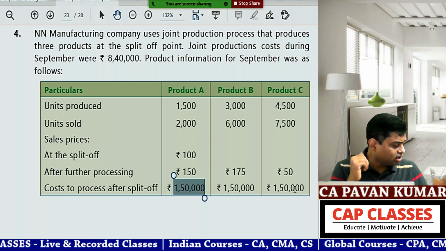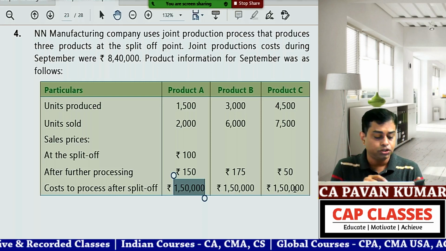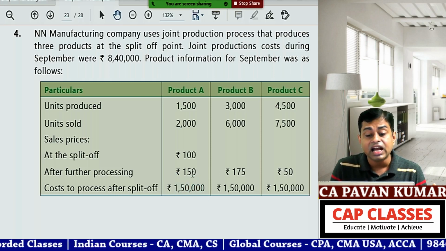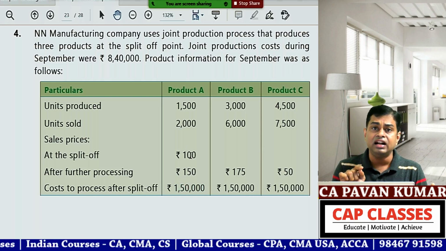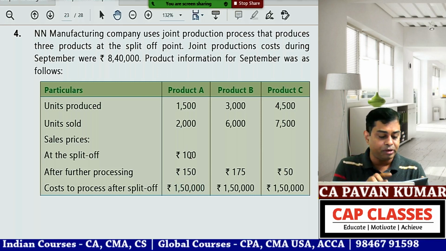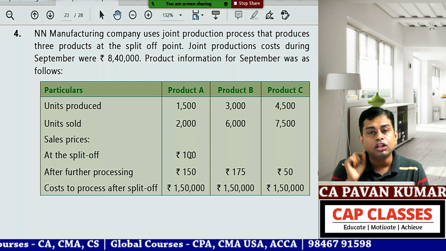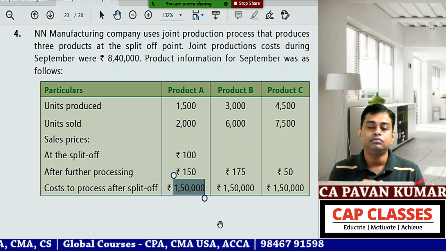Now take your calculator. How many units of product A are produced during the period? 1,500, correct? What is the sale price after further processing? 150. Sale price at split off point? 100. What is the value addition? 50 rupees. So take 1,500 into 50 rupees, 75,000. And what is the further processing cost? 1,50,000.